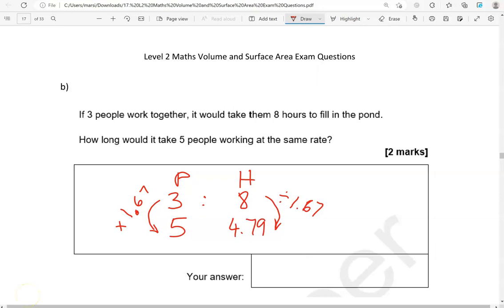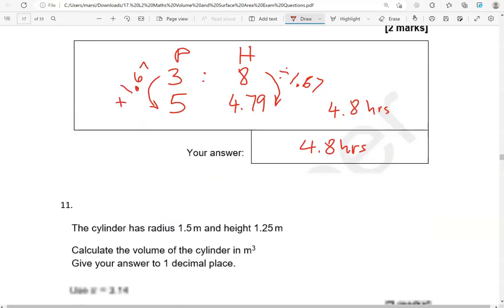Now 4.79 hours, that was because we rounded 1.6 with the 6 recurring to 1.67. If we hadn't rounded, this would be 4.8 hours. Even if you write 4.79, should be absolutely fine.